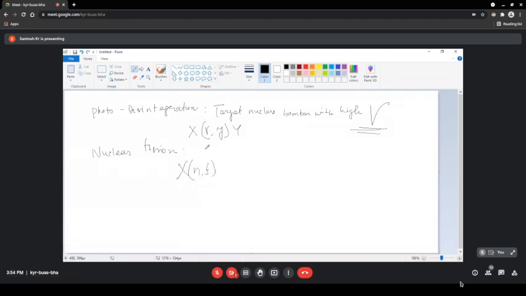So here, when X is a heavy nucleus, y and capital Y are both comparable in mass and the projectile is a neutron.